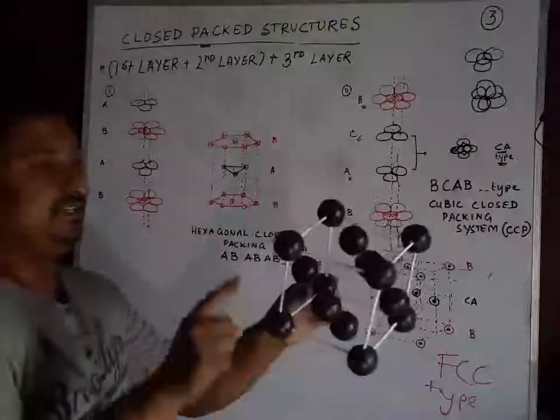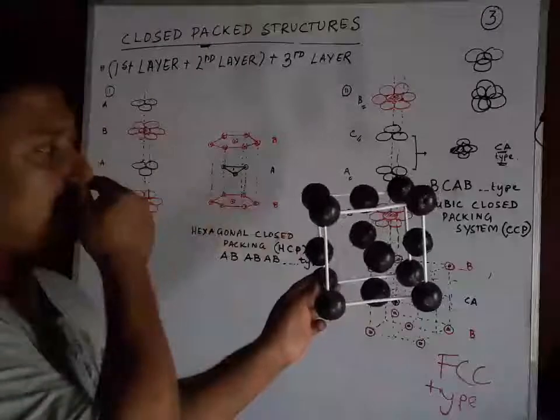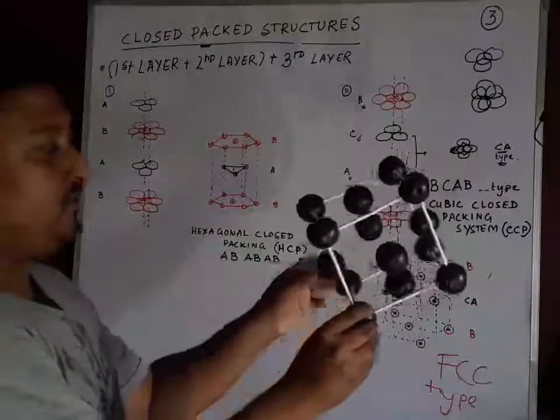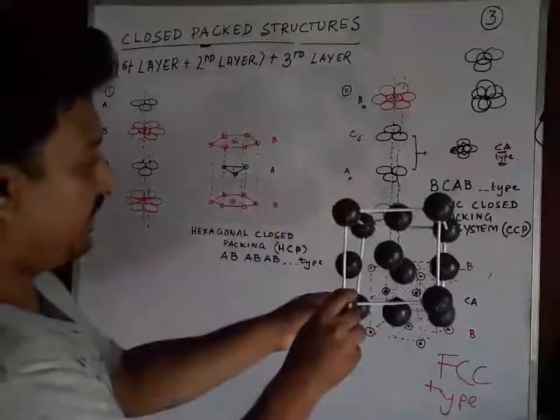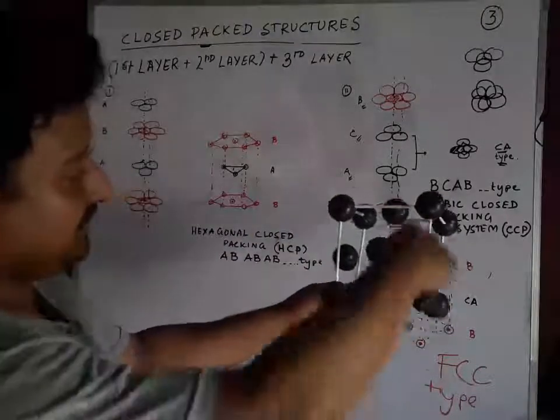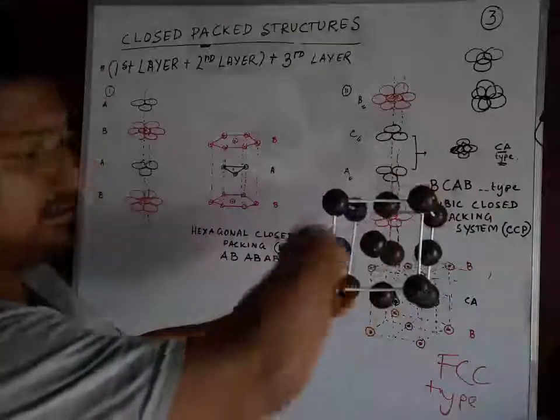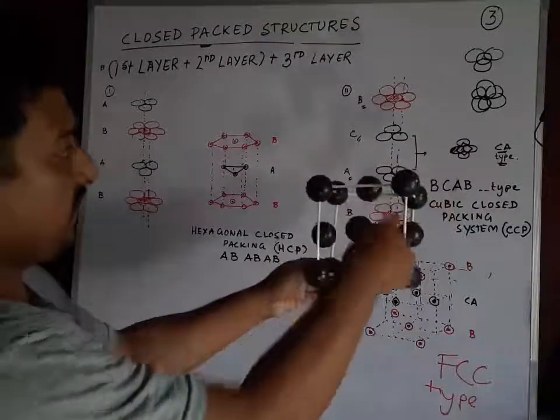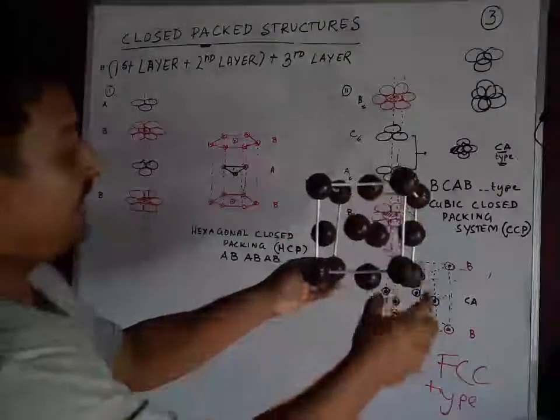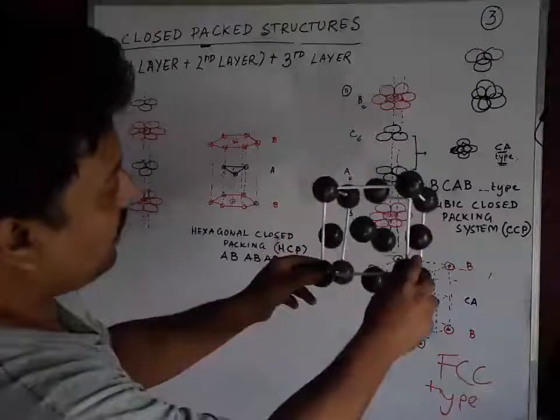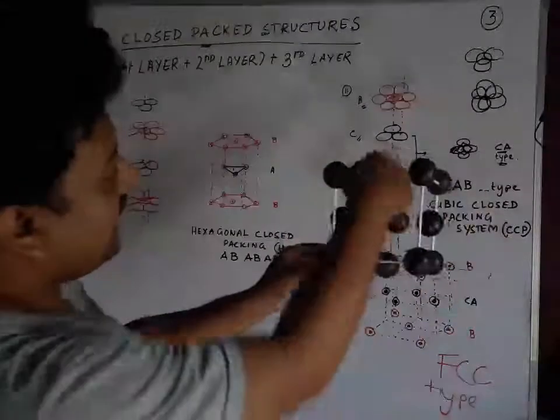See, this is a copper crystal, because it's a brown colored arrangement I have made. So if you portray it in this way, this is the first B layer, the hexagonal units, B. Then you have a tetragonal layer, which is the CA type, the next one.